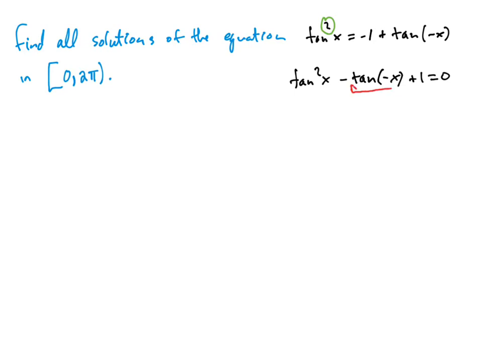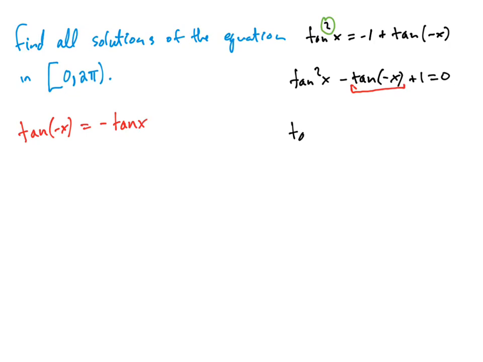Now, this right here, we want to rewrite as tangent of positive x, and tangent is an odd function. So tangent of negative x is equal to negative tangent of x, because tangent is an odd function.